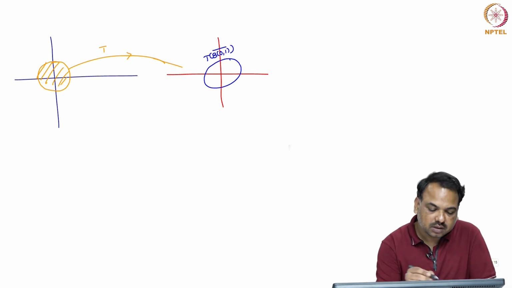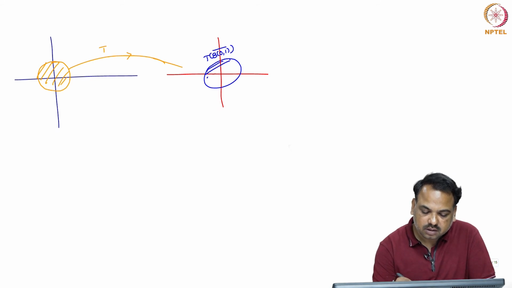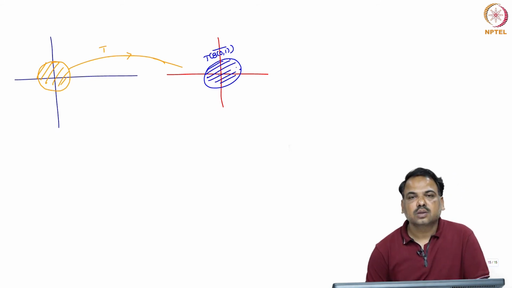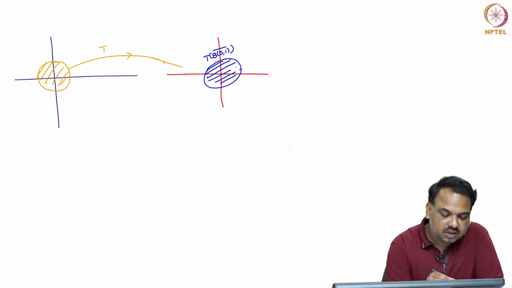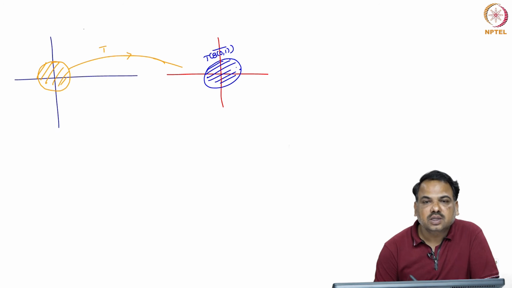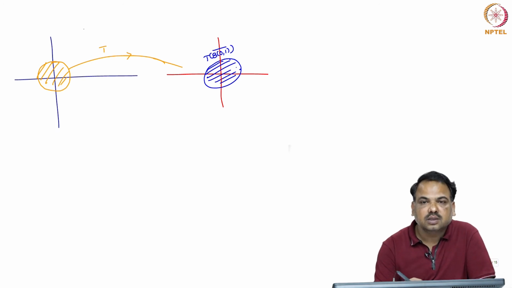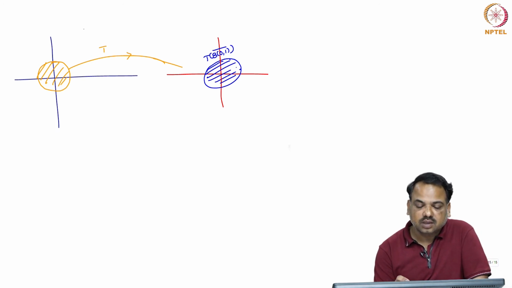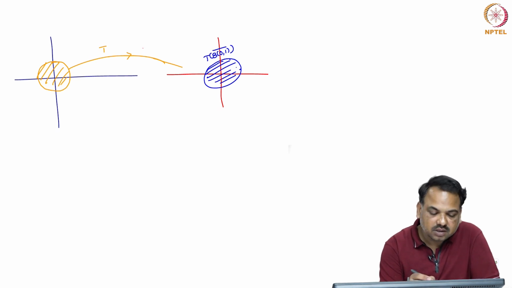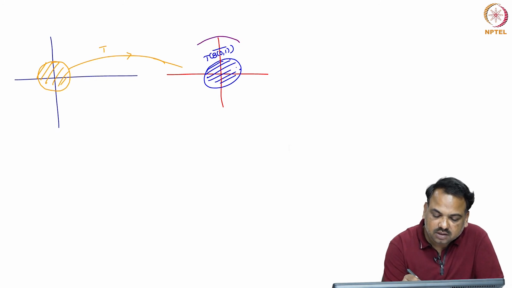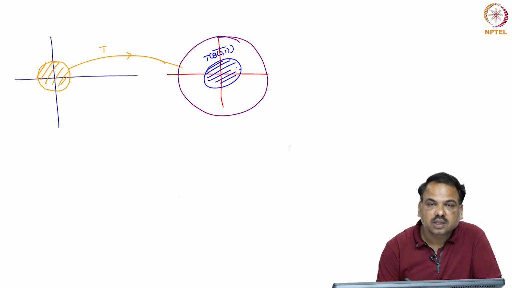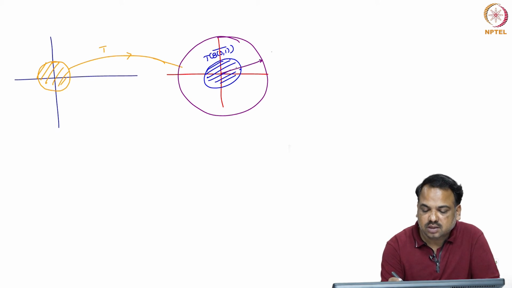Here it is bounded. Now, the definition of N4 suggests that we look at the smallest ball containing this T of B01 closure and take the radius of that, that is exactly the norm. Since this is bounded, we can look at a ball centered at 0 with radius r.